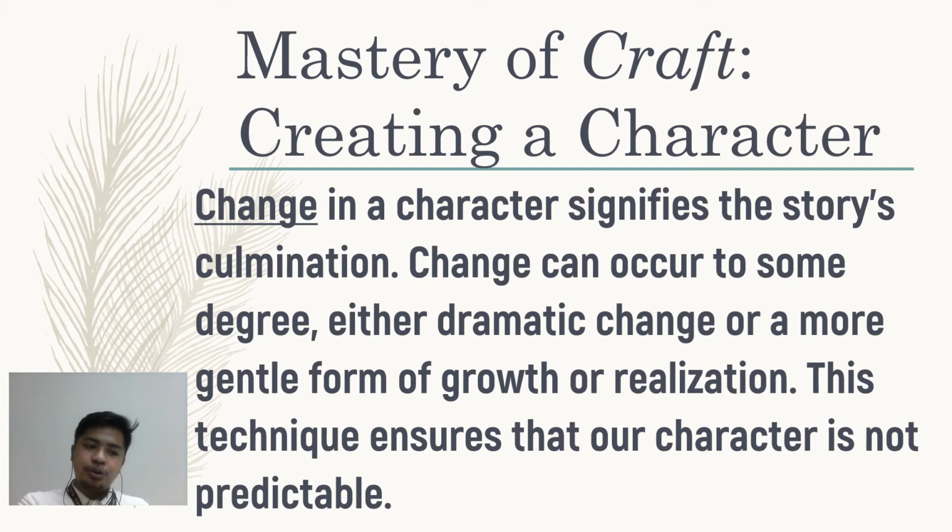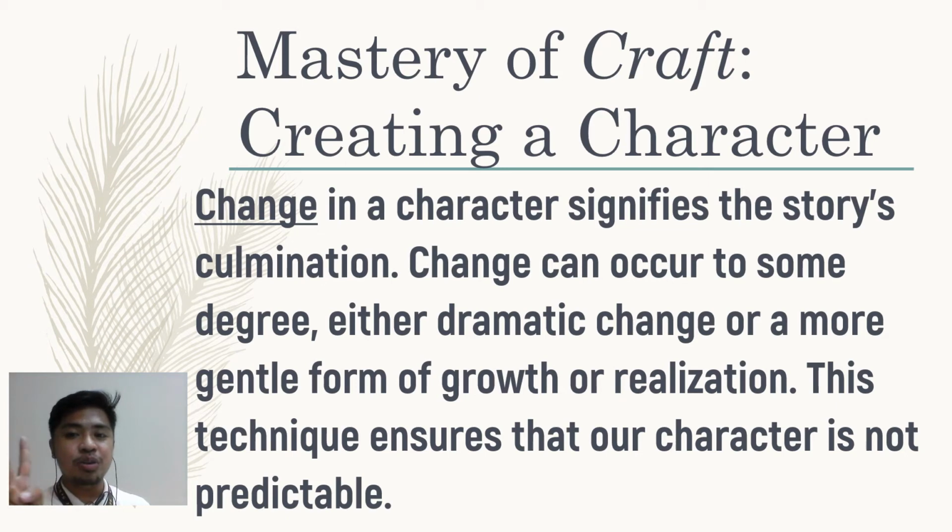Okay? So going back, let me recall the three major concerns that we have to come up with when creating a character. Number one is desire. Your character should want something.